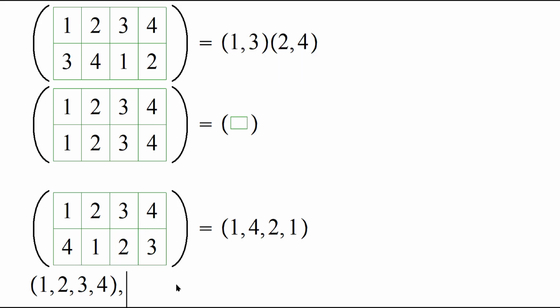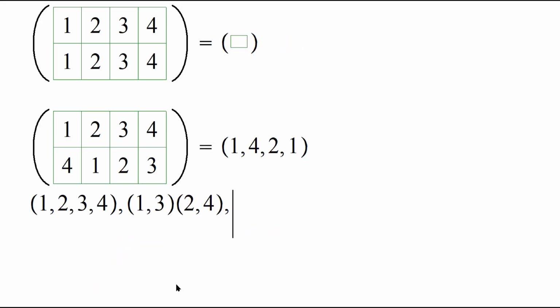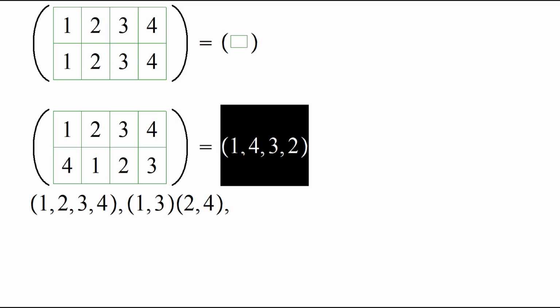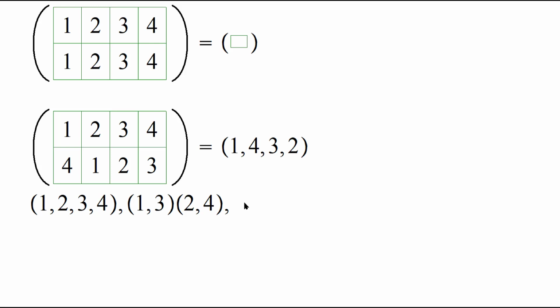First we got a 4 cycle, and then something is wrong here, let's check. 1 goes to 4, and 4 goes to 3, right? So I should write 3 here. Then 3 goes to 2, and 2 goes to 1.